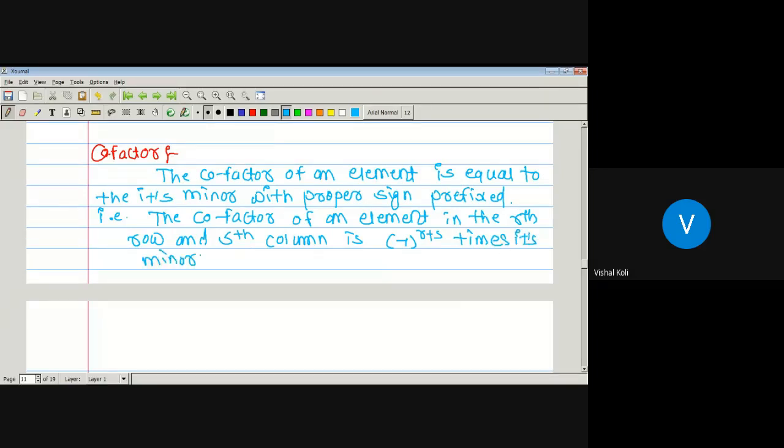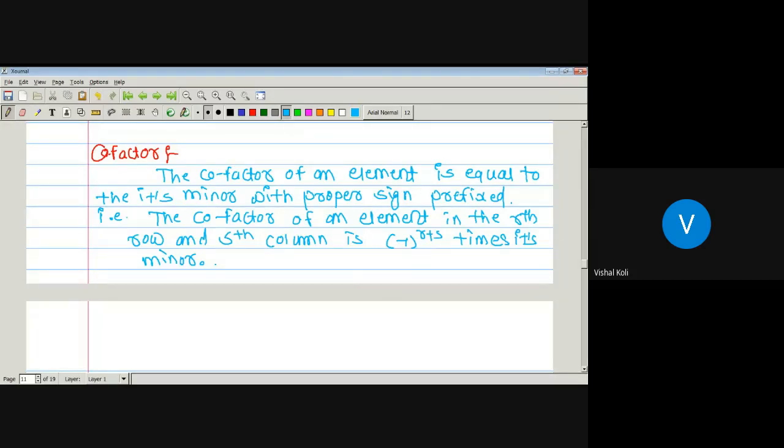Okay, so if we have to find out the cofactor of any element of a given determinant, then it is equal to its minor with -1 to the power r plus s, where r is nothing but the row in which the corresponding element is present and s is nothing but the column corresponding to that element.